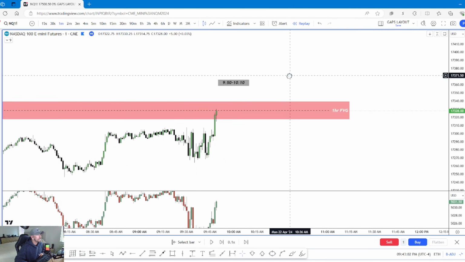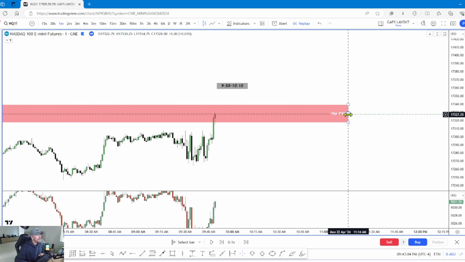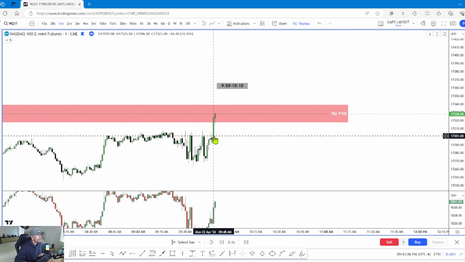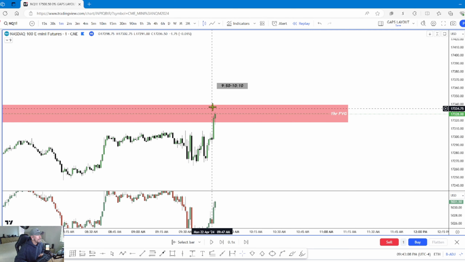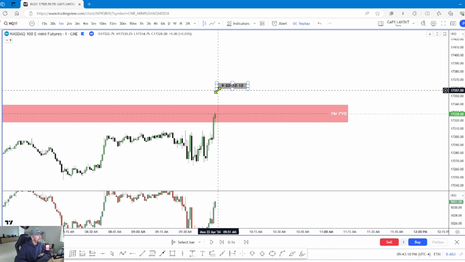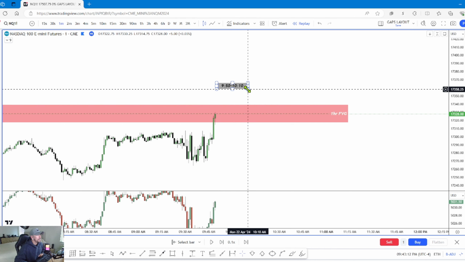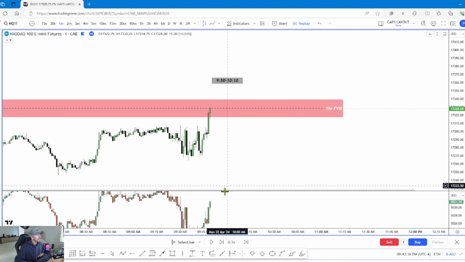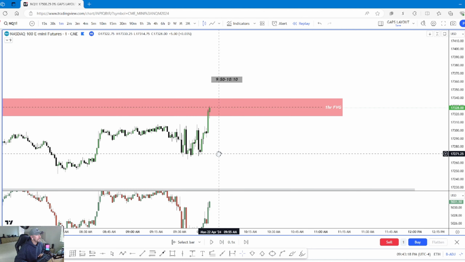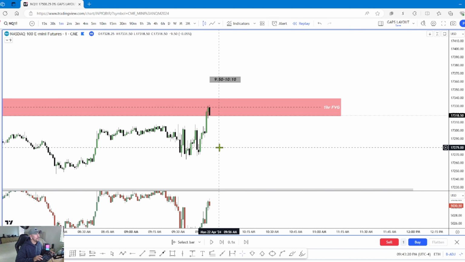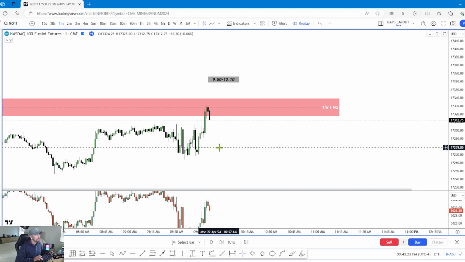So here we have a 1-hour fair value gap, and we have our 9:50 to 10:10 macro. So we're going to be waiting for price to come out of this 1-hour.